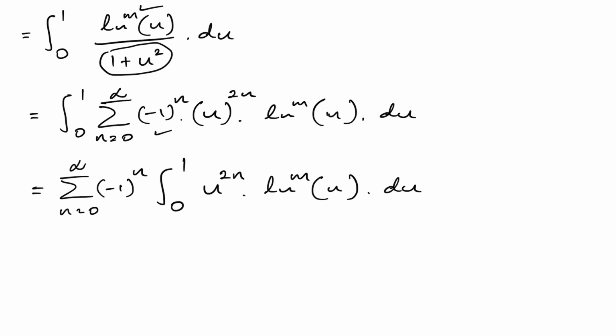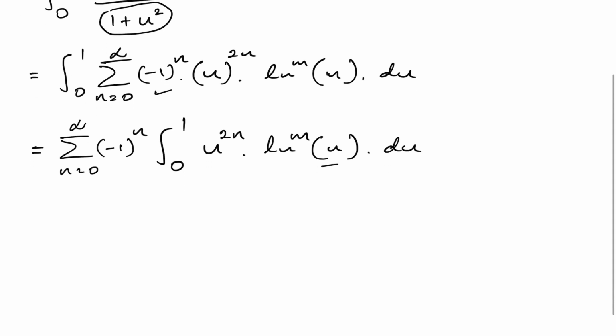Then let's take a substitution. Here we have u, so I'm going to take u is equal to e to the minus t. Then t is equal to minus natural log of u.